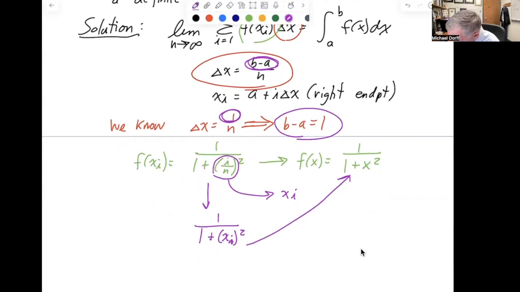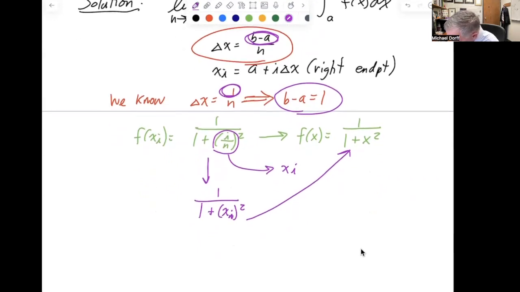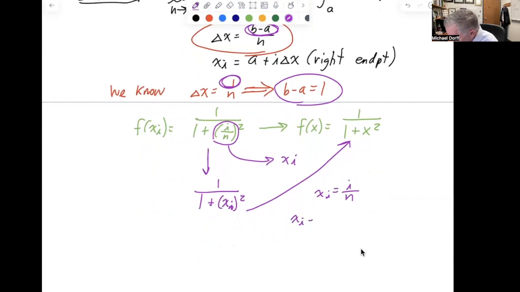Okay, and then since x sub i is what we circled here, i over n, and remember x sub i equals a plus i delta x, all right? But we also know that delta x is 1 over n. So we have x sub i equals a plus i over n, all right?